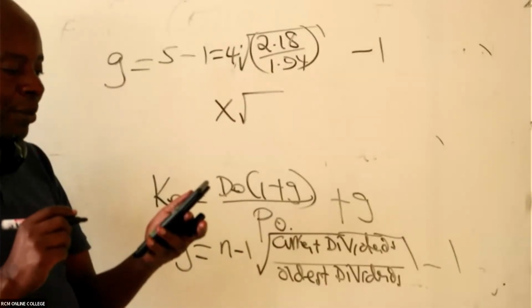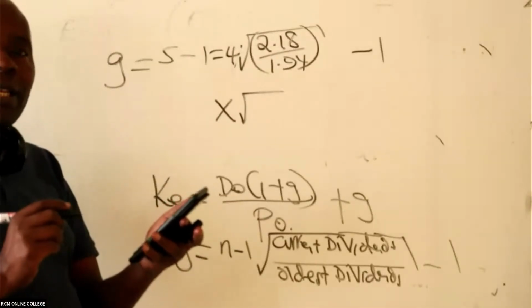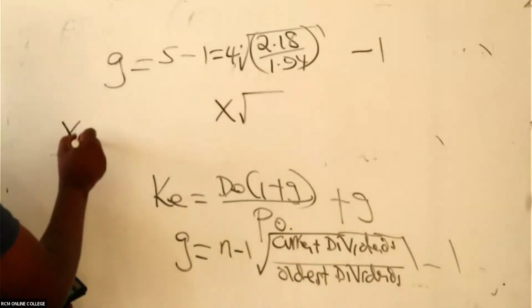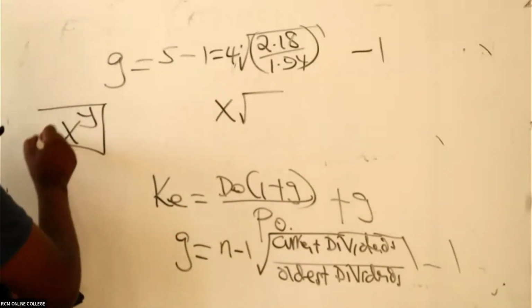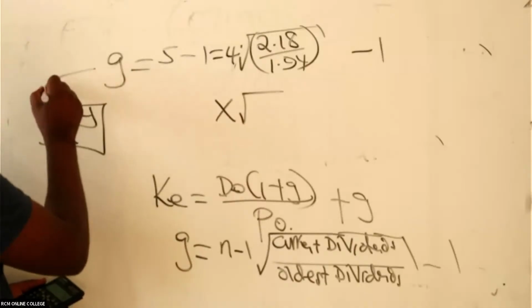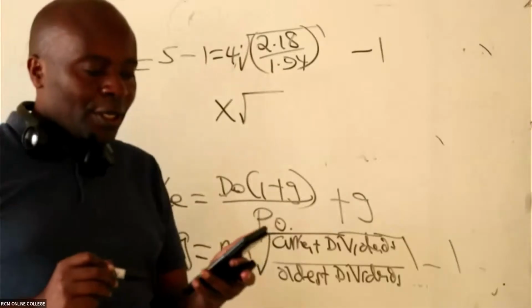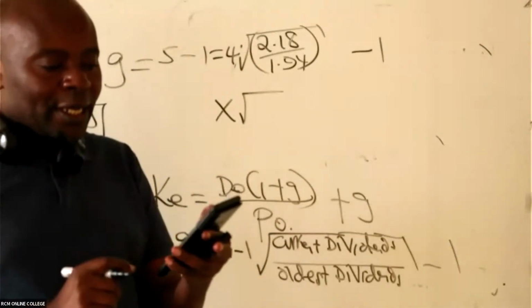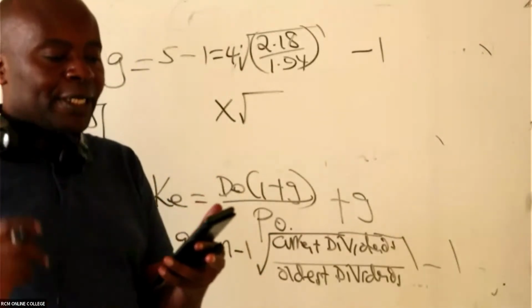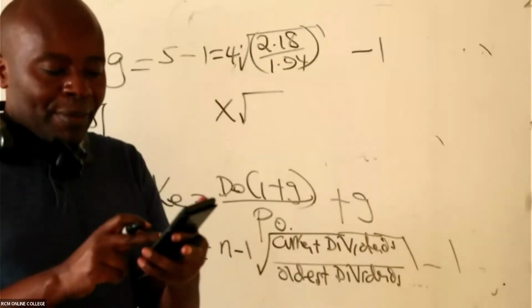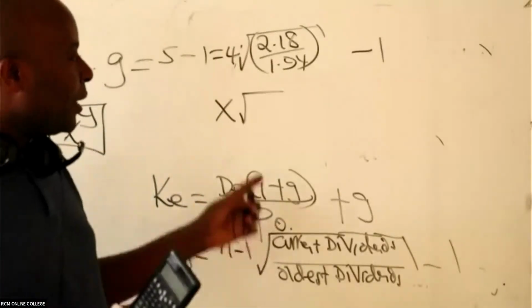So is there somebody who is able to see that x root? Normally, it will be where you are seeing x raised to y. The one that is up here will be having x root. So I'll punch 4 first. And then I say shift, I press that button. Then I say open brackets, because these are 2 numbers.